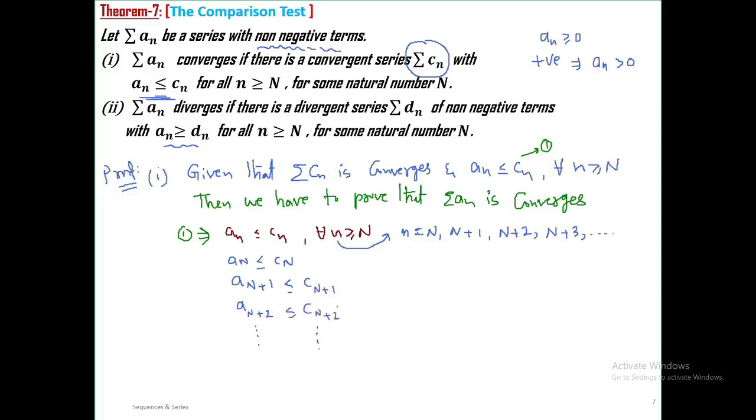Assume this is number 2, this is number 3, and this is number 4. Next step, I want to add all these inequalities, infinitely many inequalities.